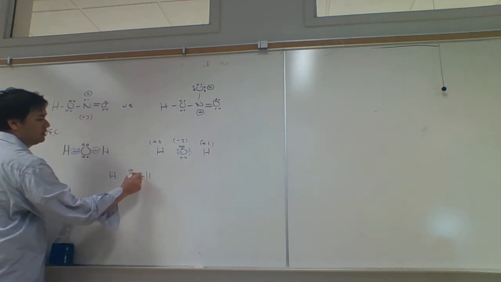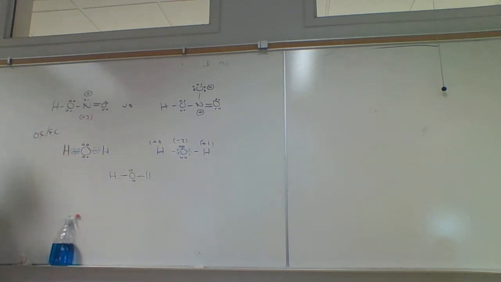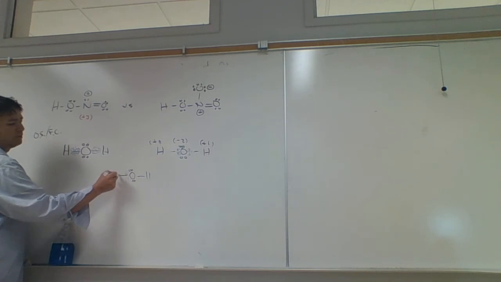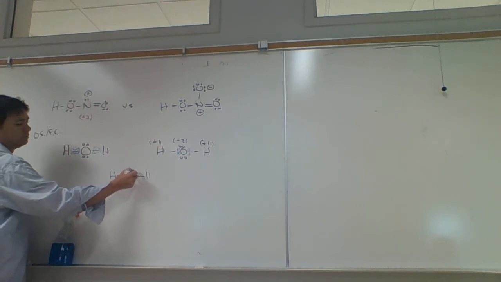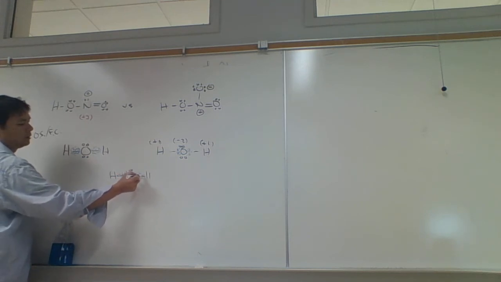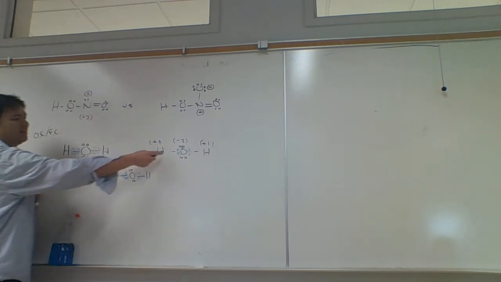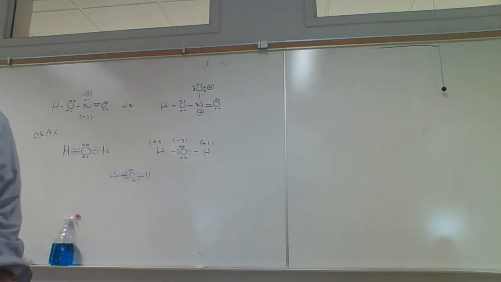Oxygen is more electronegative, but hydrogen is not going to lose all the electron density, because hydrogen's electronegativity is still 2.1, which is pretty decent. And so it's not going to be 0 like this, and it's not going to be -2. It's going to be somewhere in between 0 and -2, the charge.